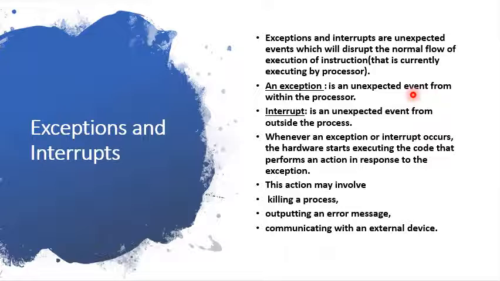While some application is running, if the processor itself detects some issues with that application, such things are called exceptions. Say, for example, you are installing some software, and that software requires certain specifications, something like 2 GB or 4 GB of RAM.